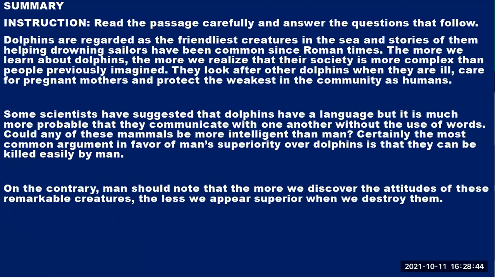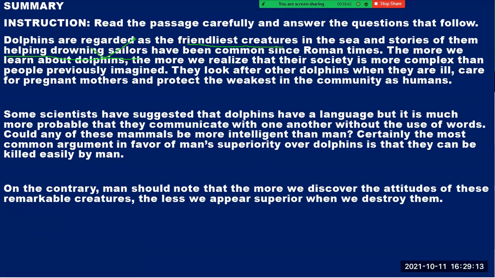Now, you see, the first thing we find here is about their friendliness. Dolphins are regarded as the friendliest creatures in the sea, and stories of them helping drowning sailors have been common since Roman times. So this is the evidence. They have always helped drowning sailors.